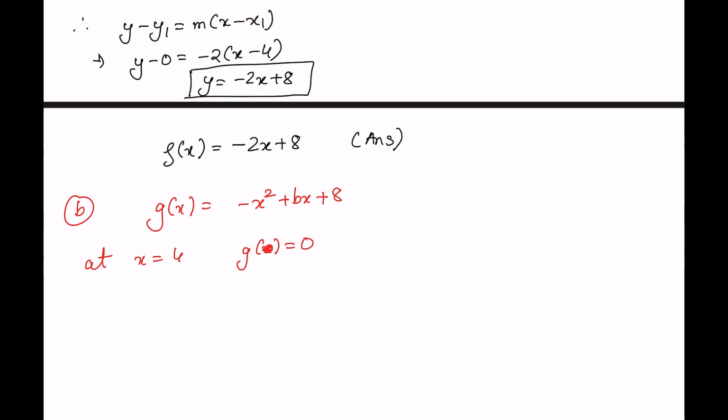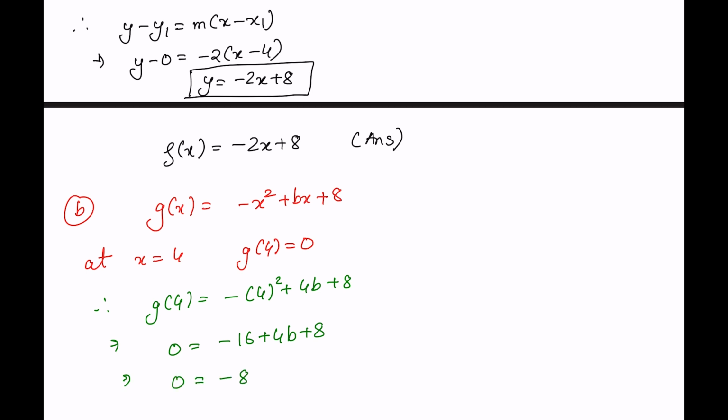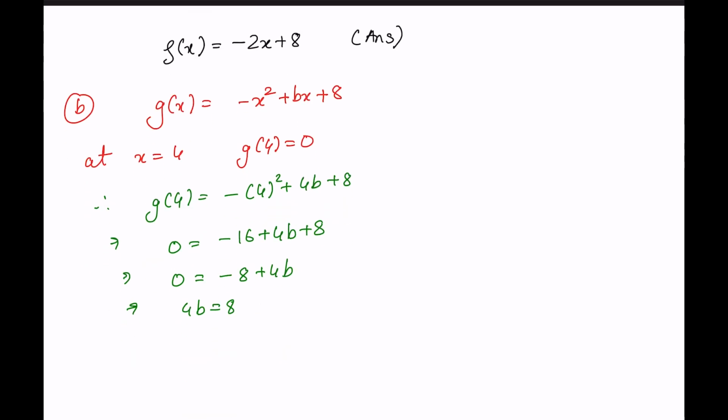You can say g of 4 equals 0. So g of 4 would be minus 4 squared plus 4b plus 8. G of 4 is 0. So 0 equals minus 16 plus 4b plus 8, which gives minus 16 plus 8 is minus 8 plus 4b. So 4b would be equal to 8. From here b becomes equal to 2. So for the second part, b is equal to 2. This is the answer.